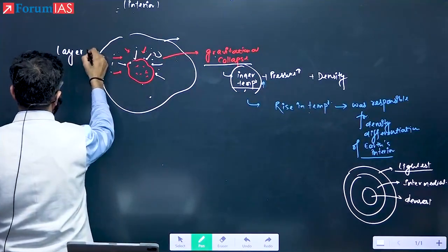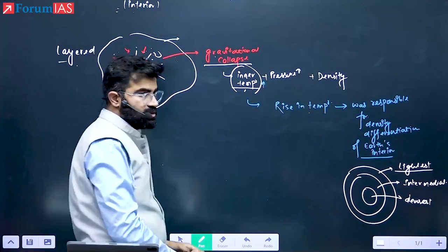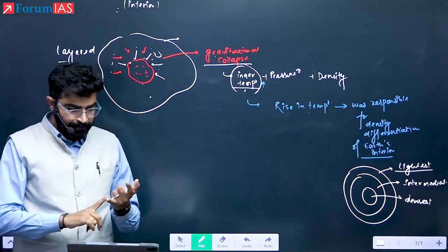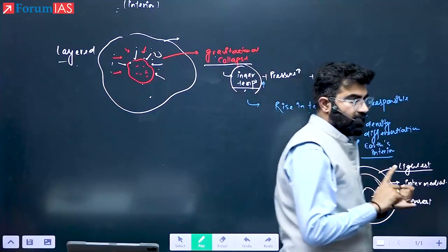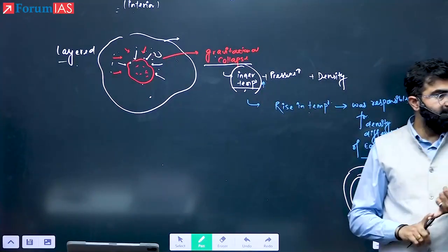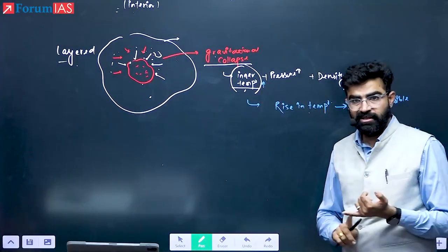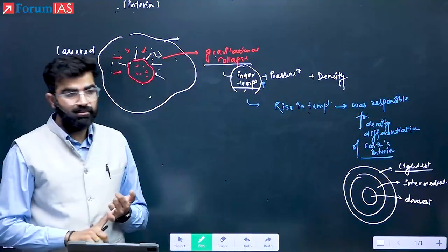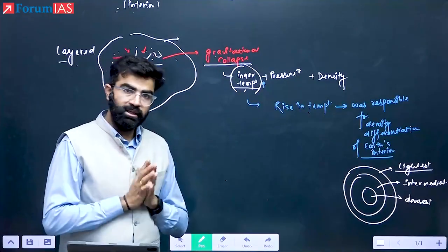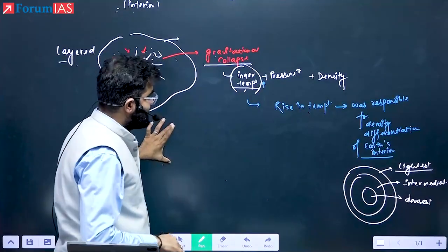So the first thing we have understood is how the layered structure of the earth was formed. Again, I'm repeating, please remember for the prelims this sequence: gravitational collapse, rise in temperature, the molten state, and this rise in temperature was responsible for density-based differentiation. Okay, for the prelims.